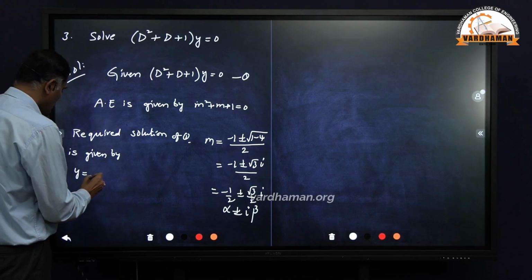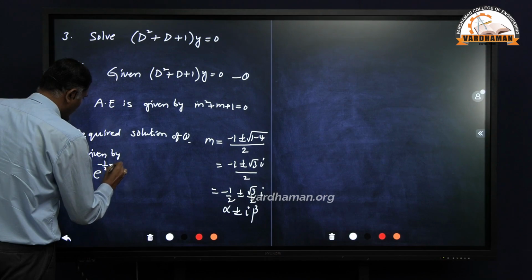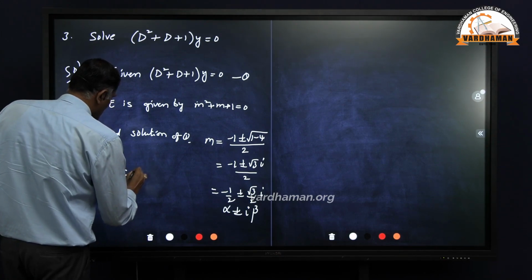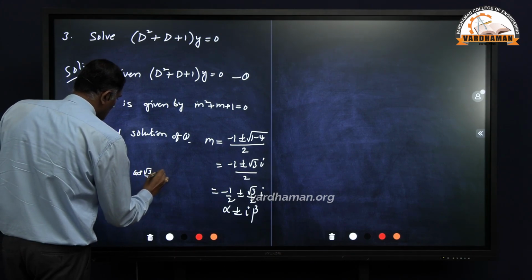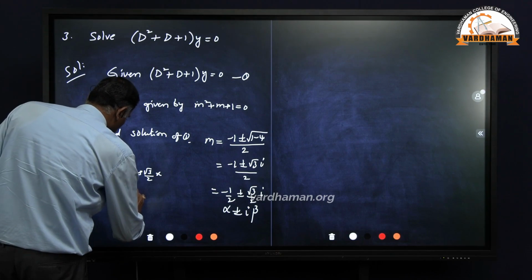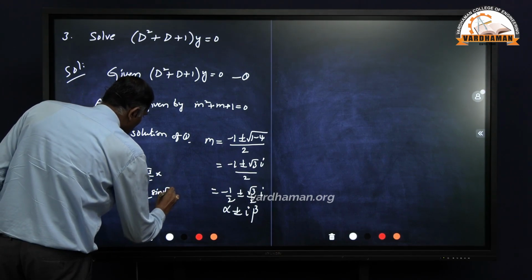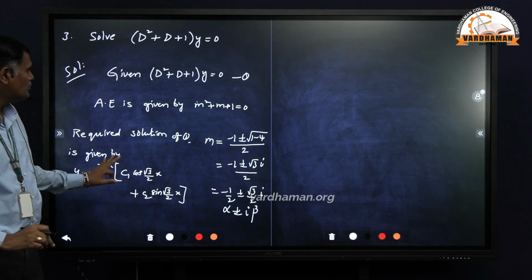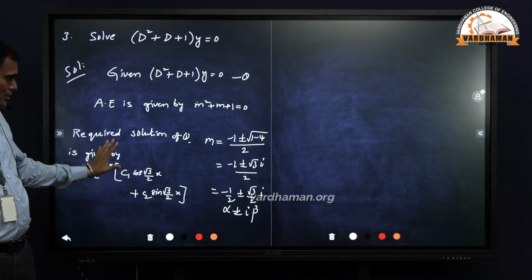So we write e power alpha x into (c1 cos beta x, that is root 3 by 2 into x, plus c2 sin beta x, root 3 by 2 into x). This gives the solution of this differential equation where c1 and c2 are arbitrary constants.